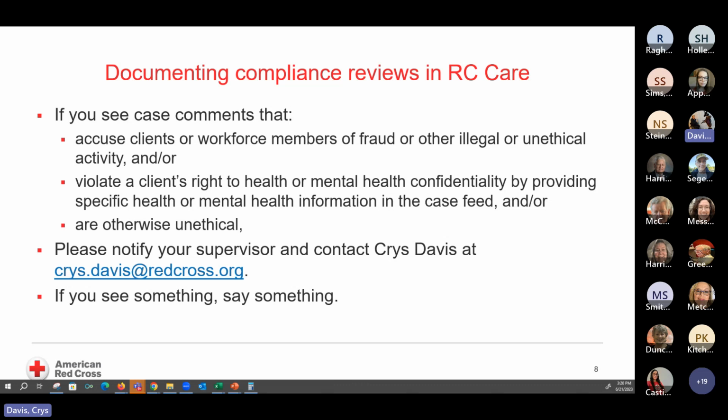But if we get alerted to something like that and find out that that person, every time they've dealt with a client, they'll talk about this person's medical diagnosis and that person's mental health diagnosis and this other person's substance use history, that's a much different conversation.